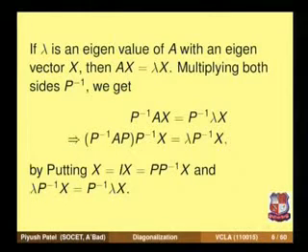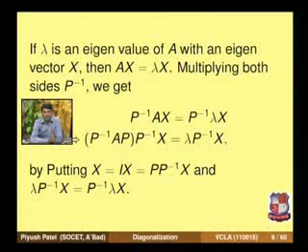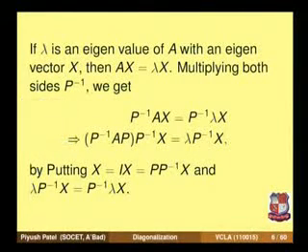On the left hand side we replace the vector x by Ix, where I is the identity matrix, because multiplication with the identity matrix gives the same matrix. Then we replace the identity matrix by P into P inverse, so that the left hand side becomes P inverse AP times P inverse x, using the associative property of matrices.